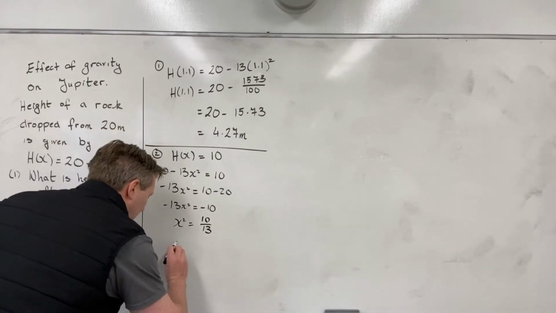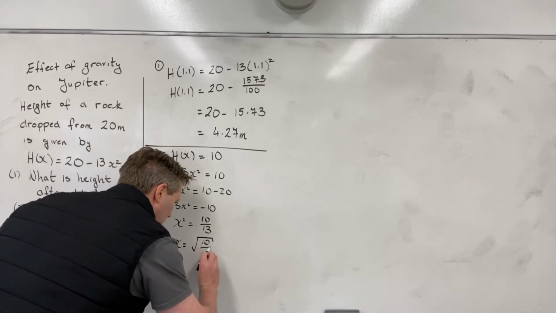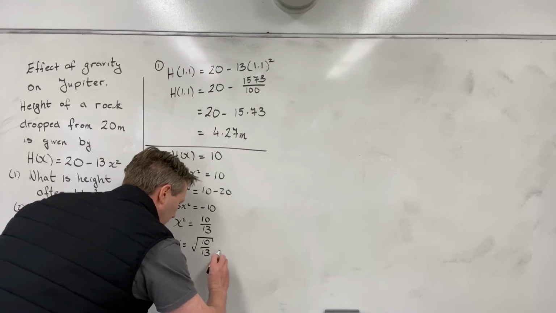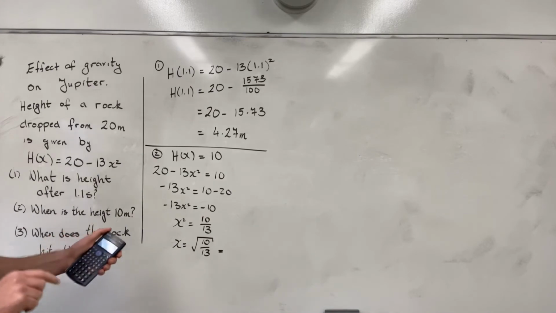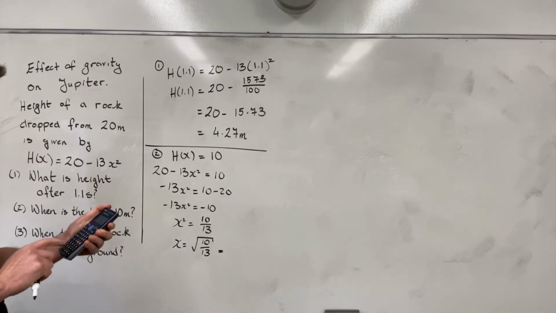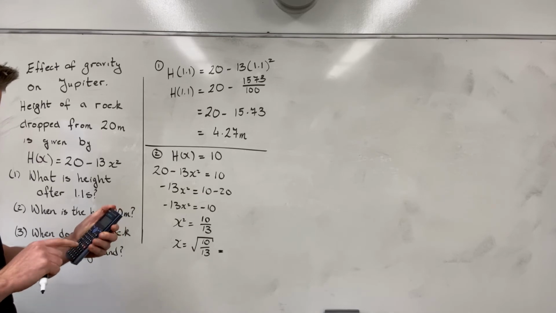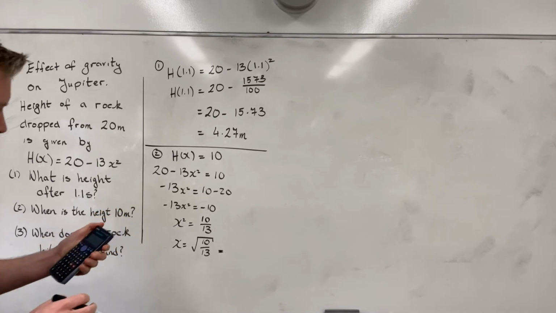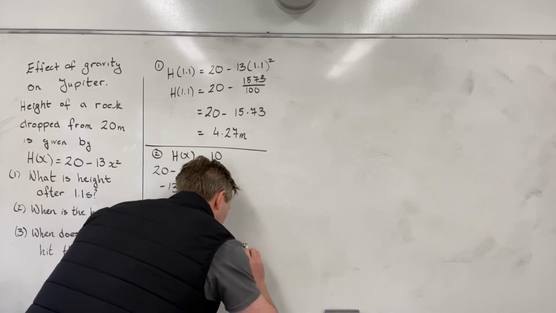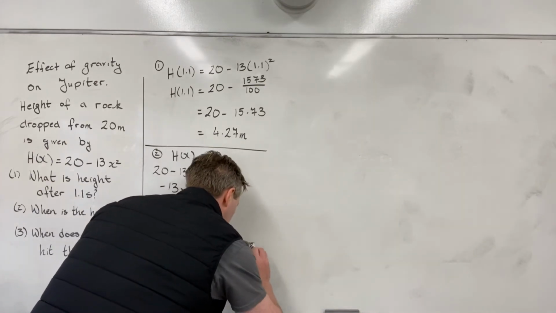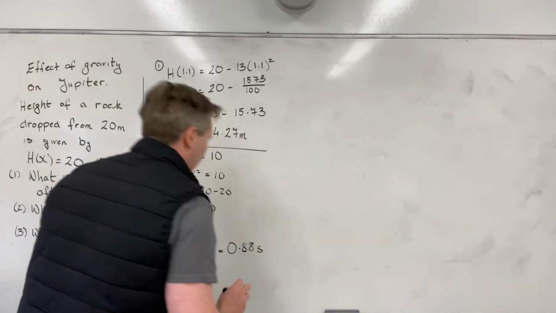In other words, x is equal to the square root of 10 divided by 13. Again, I'll break out my calculator. 10 divided by 13, and the square root of that answer gives me, to two decimal places, 0.88, and that is in seconds.